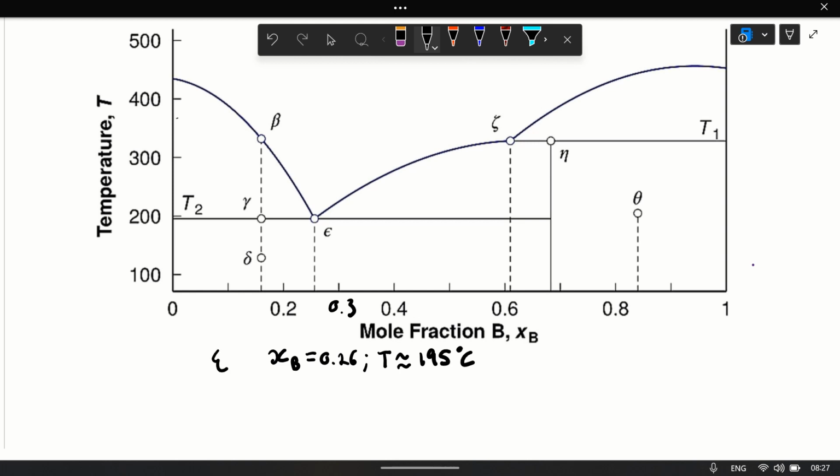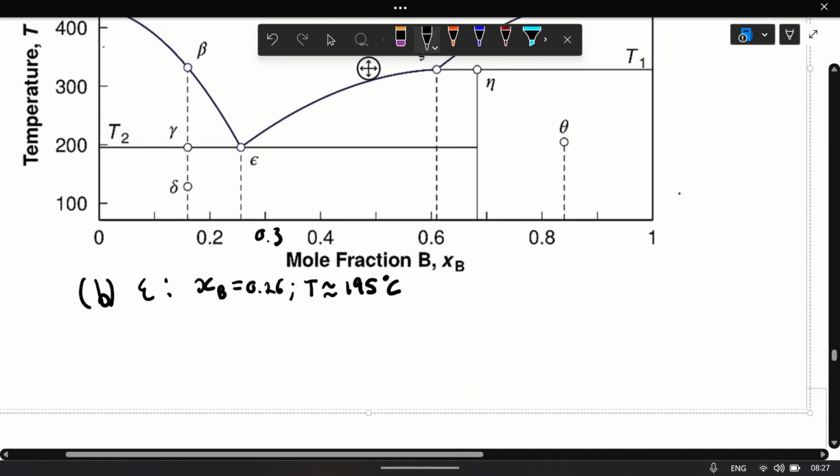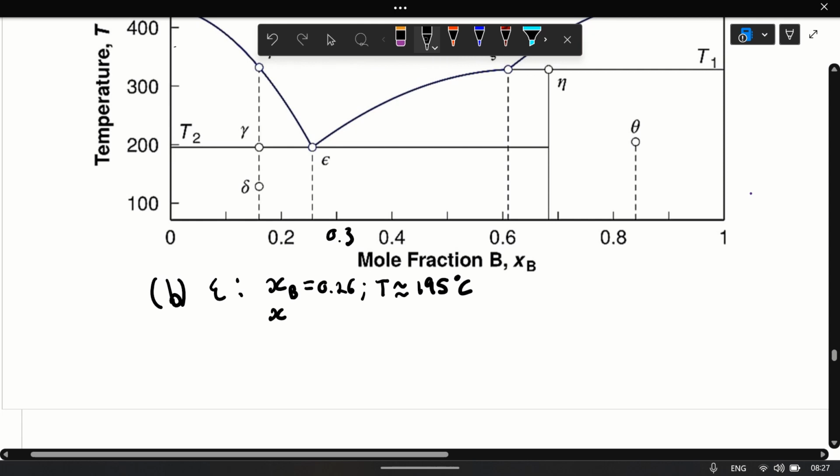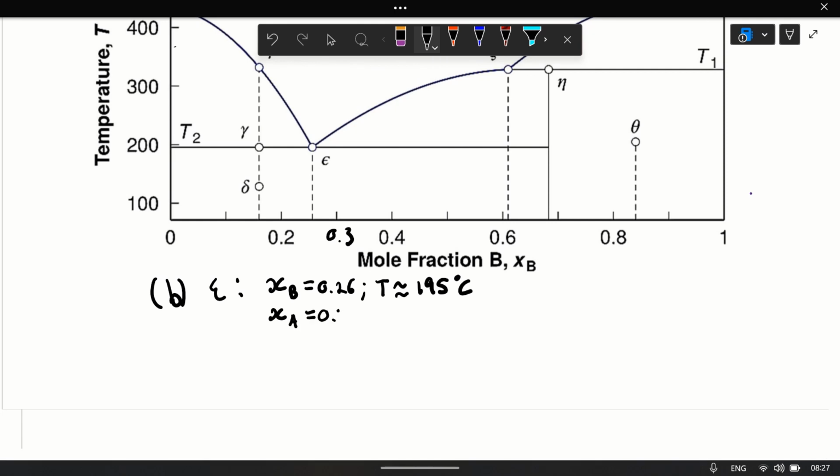So for epsilon, those are the conditions. So that's the B part. Okay. So that's what I would say for the eutectic mixture where it melts, and that's its composition. Of course, that's XB, and XA is implied, but you can also say XA would of course then be 0.74, just to be more explicit.